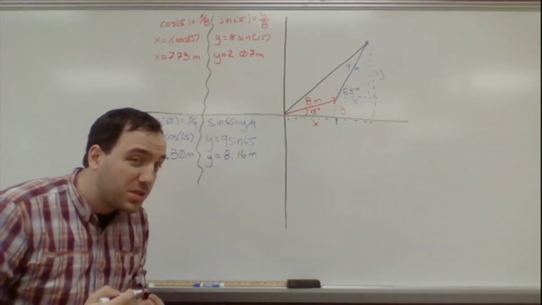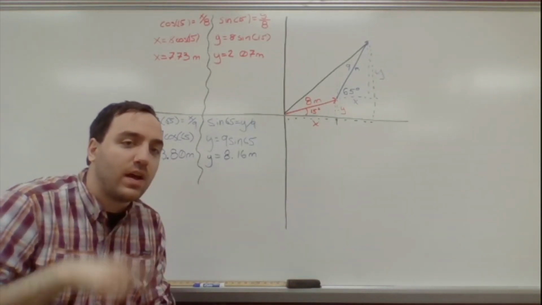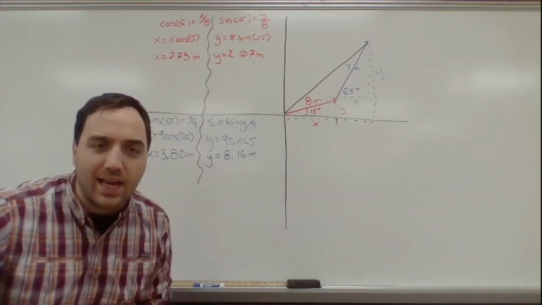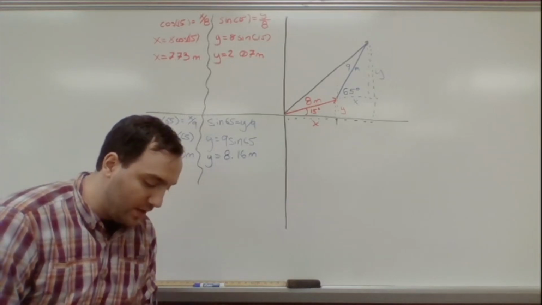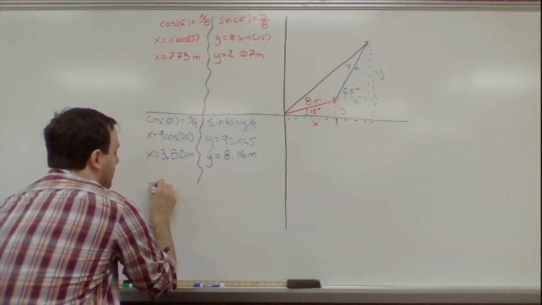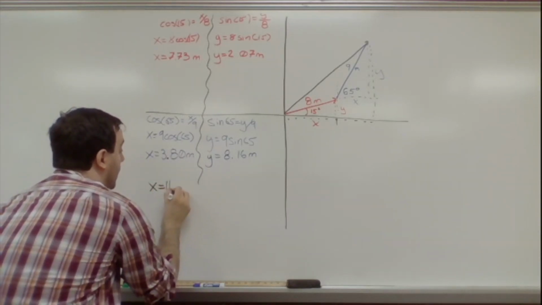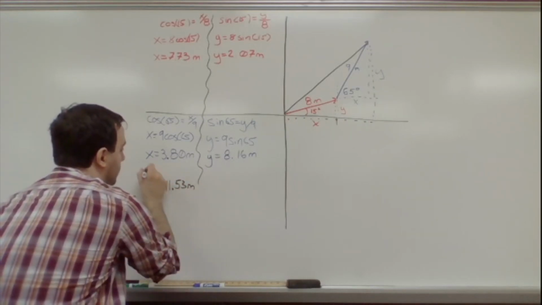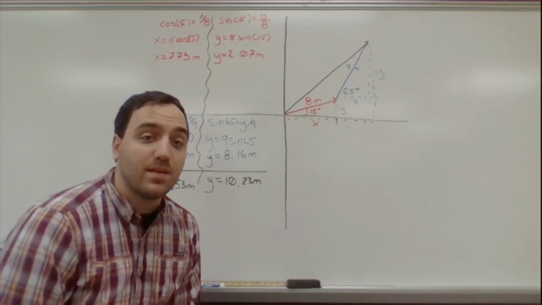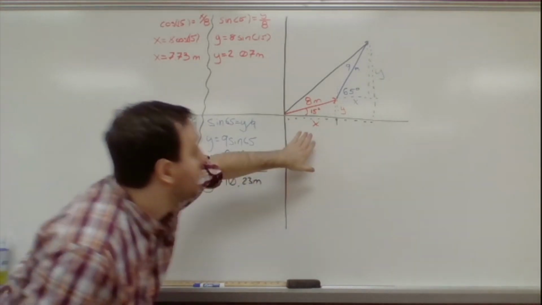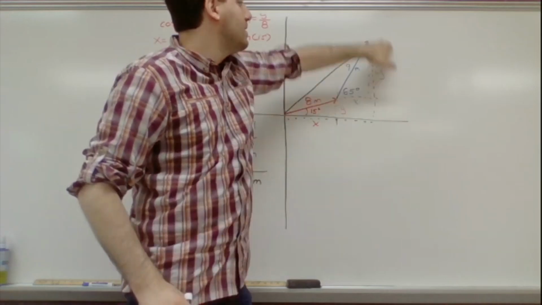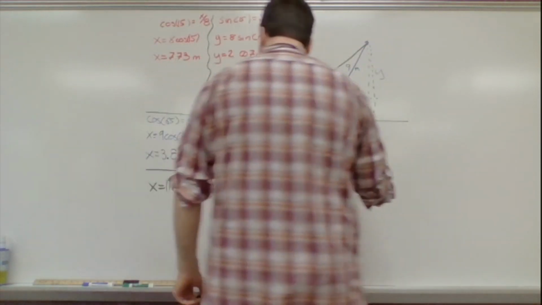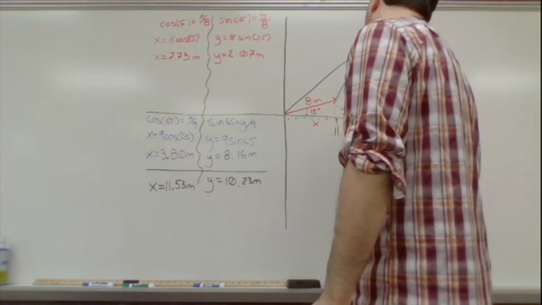I would personally recommend adding the values in your calculator and rounding those, as opposed to rounding here and then rounding again after. Just round once, make your life easy. So my total in the x is going to be 11.53 meters. My total in the y is going to be 10.23 meters. So this entire thing here and here is 11.53, 10.23. Let's just put that in.